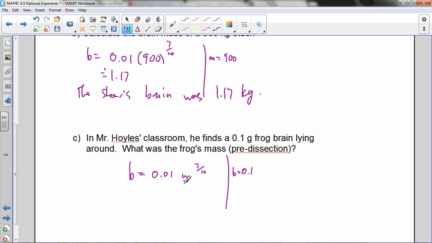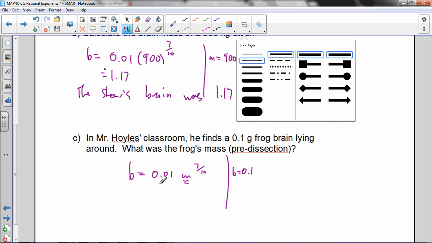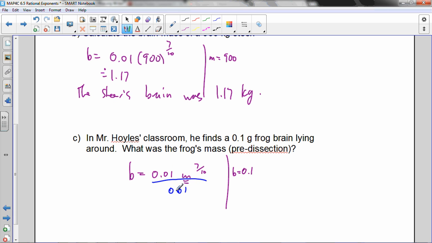Okay, so I'm going to solve for M first. Well, how do I do that? I'd love to take care of this weird exponent, but I need to get rid of the 0.01 first. So let's do that. Divide by 0.01. And then what have I got left? Let's have a look at it. It's a bit of a mess.